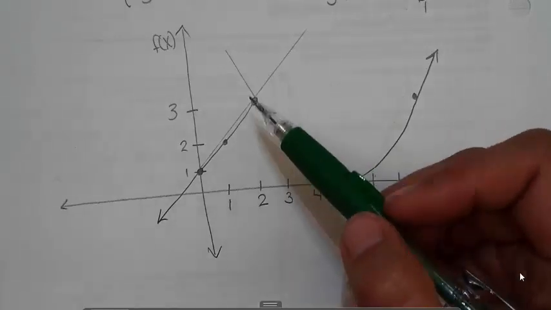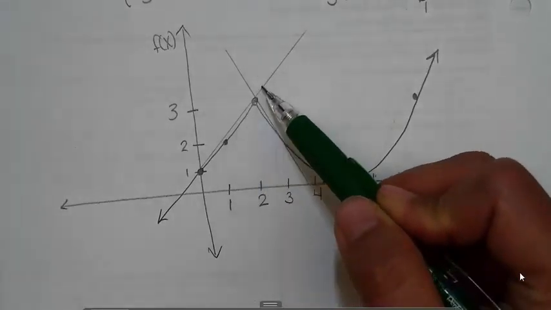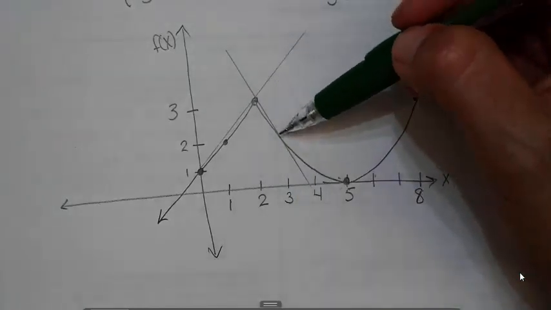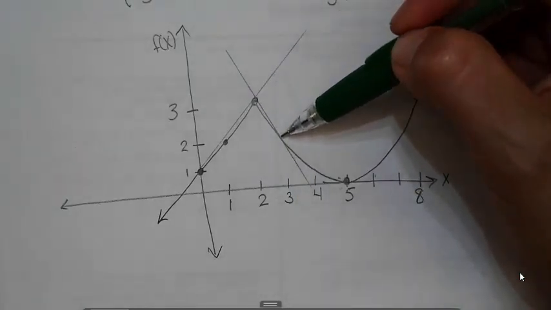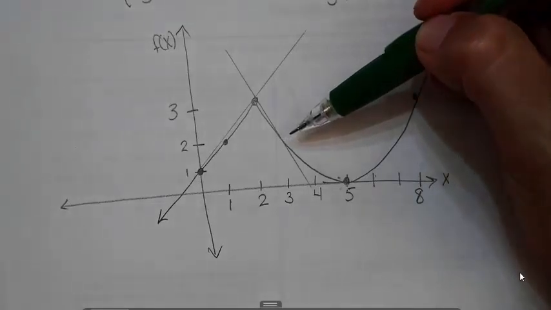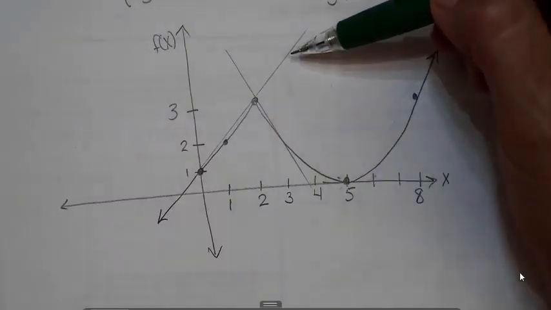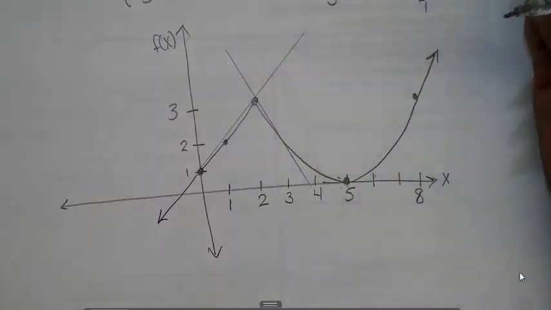I can sit here all day long and estimate the rate of change from the left, and I can estimate the rate of change from the right, but it's not going to approach a limit. They're going to be approaching a positive rate of change and a negative rate of change. So there is no derivative.